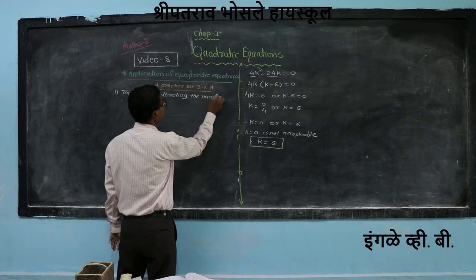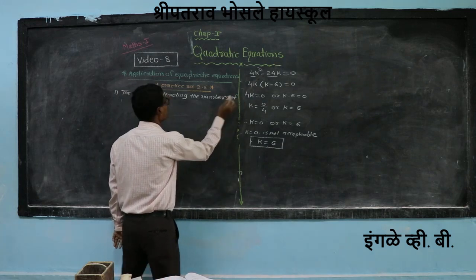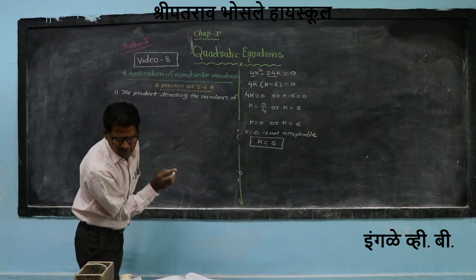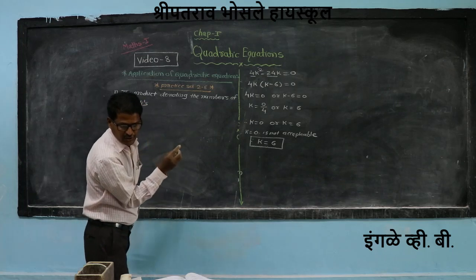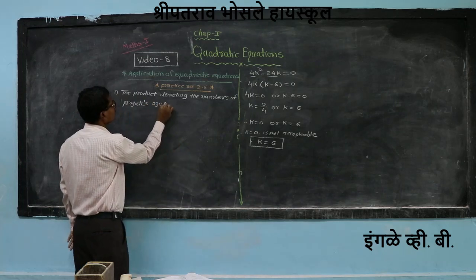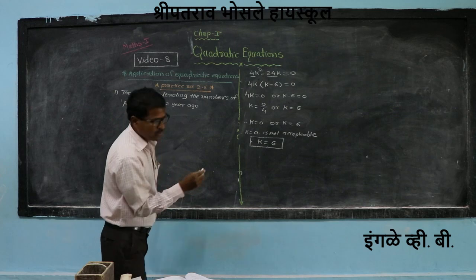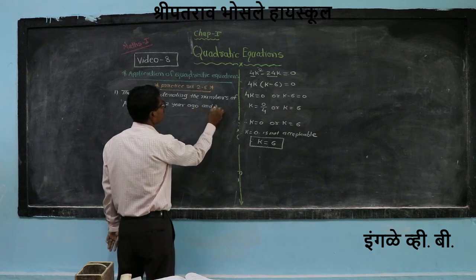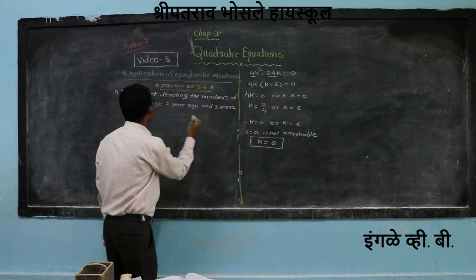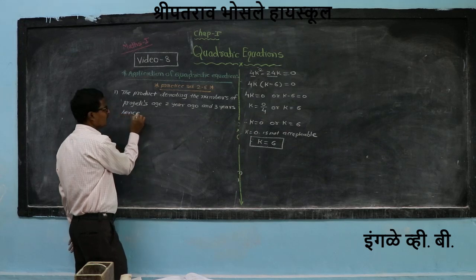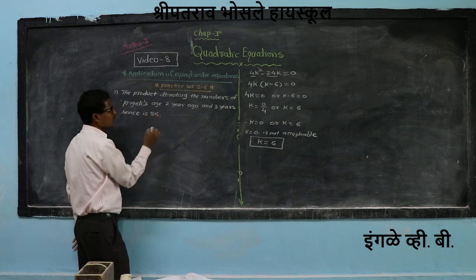The product of the numbers denoting Pragati's age 2 years ago and 3 years hence is 84.